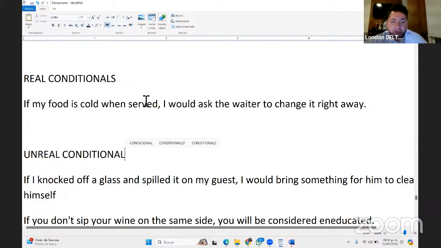So we have real conditionals and unreal conditionals. Everything about conditionals is just cause and effect. Everything that you do has a consequence, right? So in English, when you use this kind of logic, you may be talking about real situations, like in this case, or maybe not unreal, but a little bit less possible.